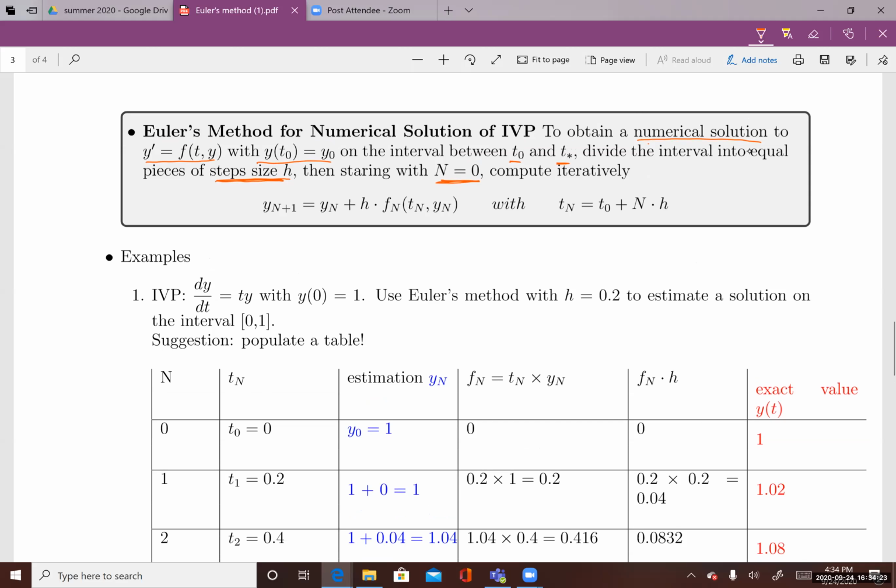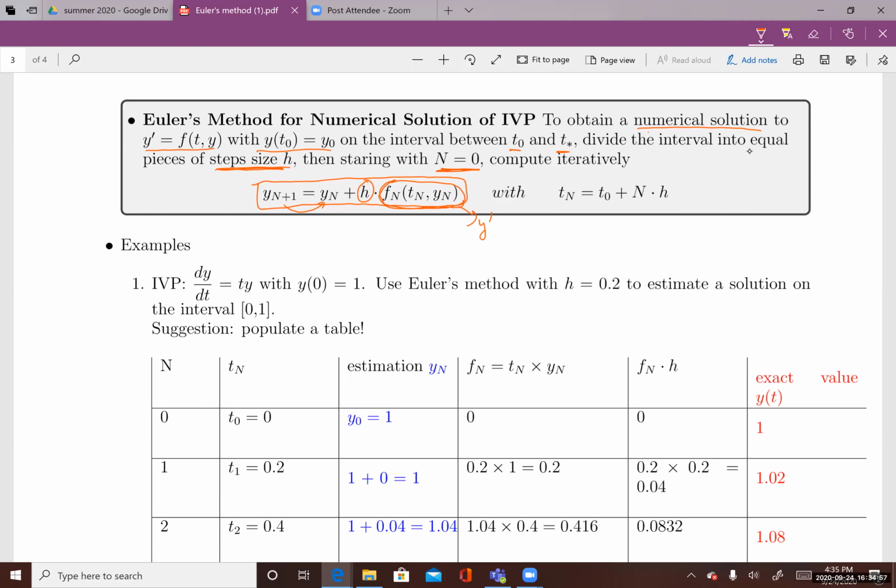As you already noticed, we use the tangent line approximation to come up with the value of the next point. The point y sub n plus 1 equals y sub n plus h, the step size, multiplied by the function of t sub n and y sub n. And this function here, again, is just the derivative of y.